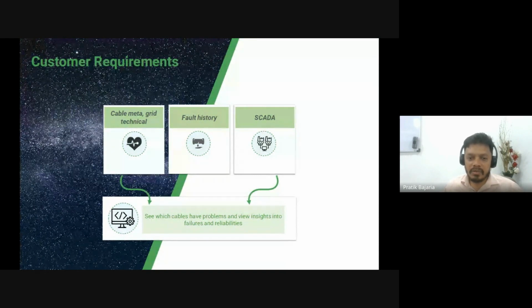So we need to understand the fault history. And again, when we talk about the real-time solution, which has to be given on a prescription basis, we need to understand its real-time electrical and temperature parameters, which means any SCADA parameter like the ones given at 5 minute or 1 minute intervals, which allows us to give you actionable insights on failures and reliabilities.